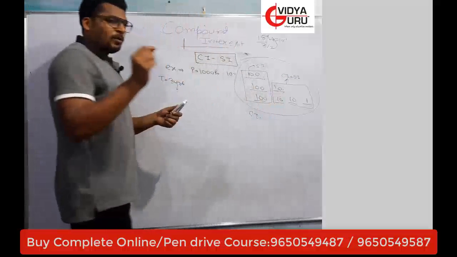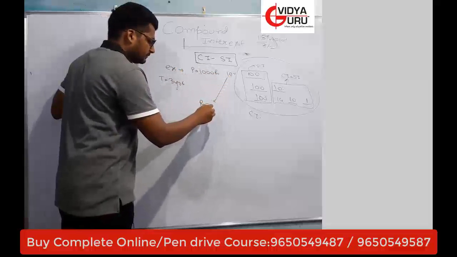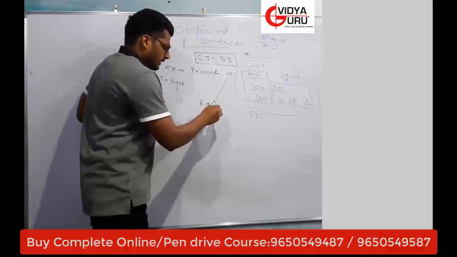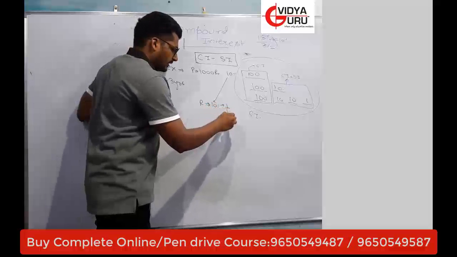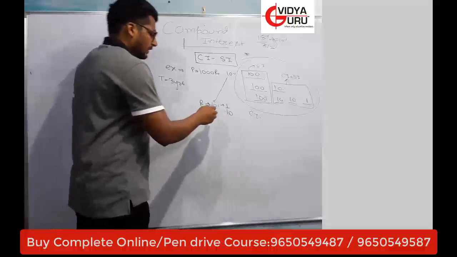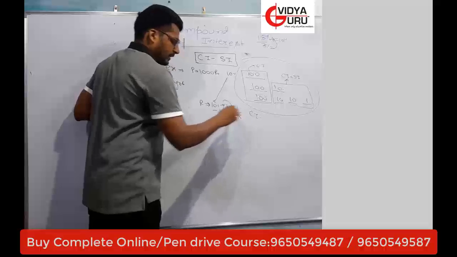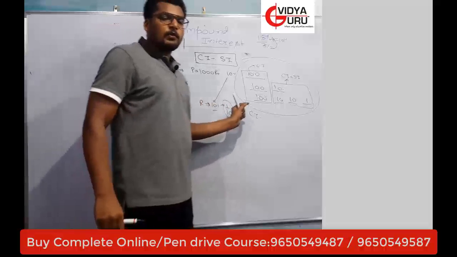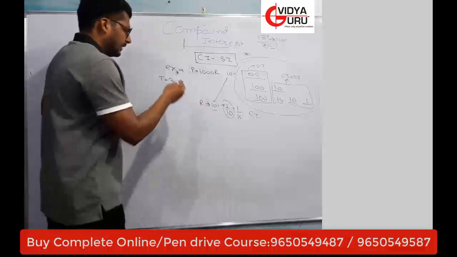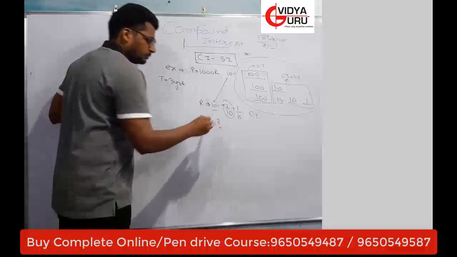One more important thing from here: if the rate is 10%, its fraction is 1 by 10, which is of the form 1 by k. If the rate is in the form of 1 by k, then for 3 years the principal is always k cube.